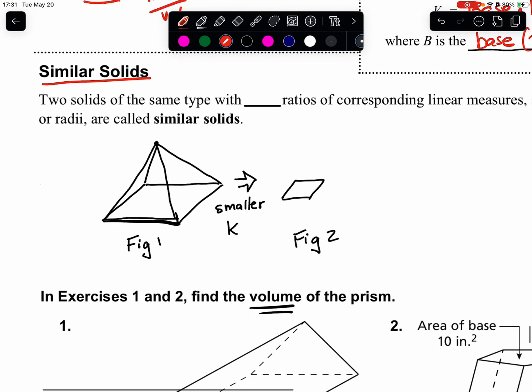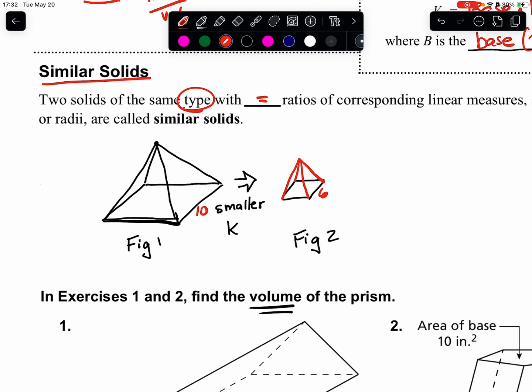Oh, one more thing, similar solids. If you have 2 solids that are the same type, okay? And they have equal ratios. So for example, if I build another little tetrahedron over here, smaller than the one that's given to me, and I know that, I don't know, let's go 10, and let's say this side is 6.